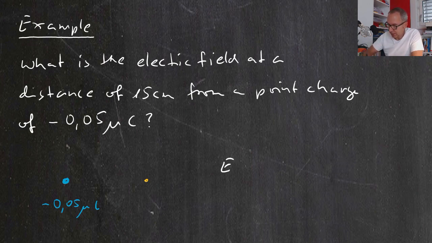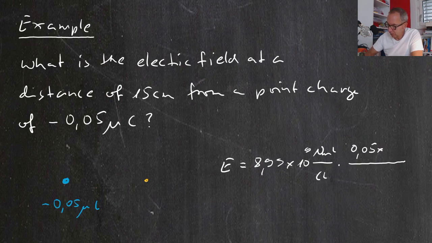The electric field will be K times the source charge, and I just take the magnitude, over R squared.